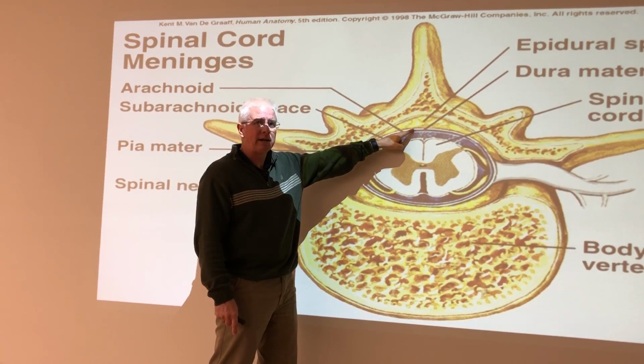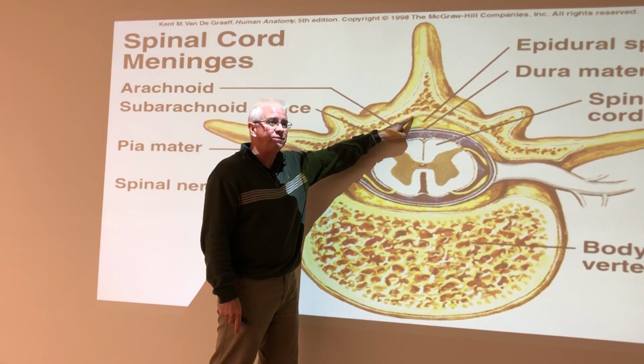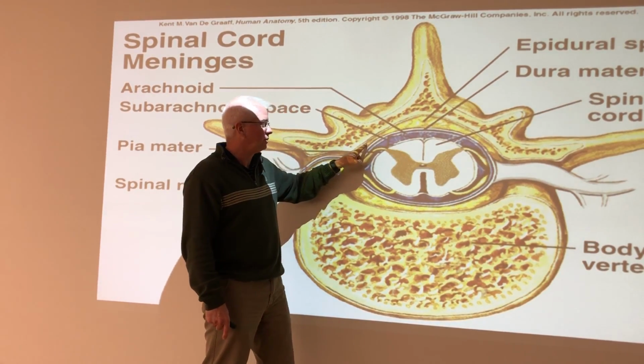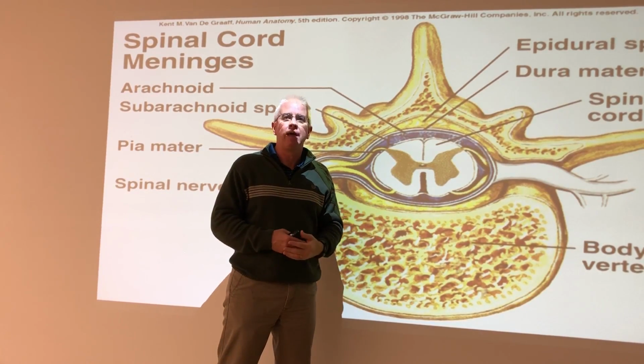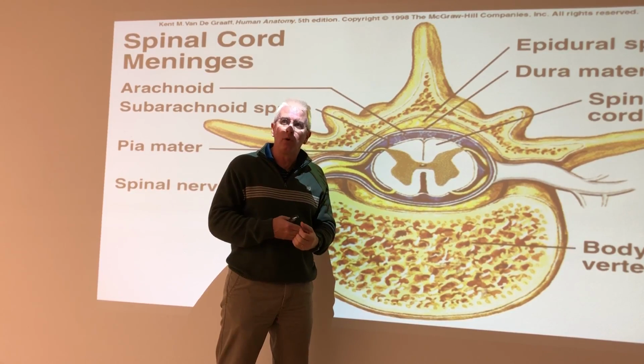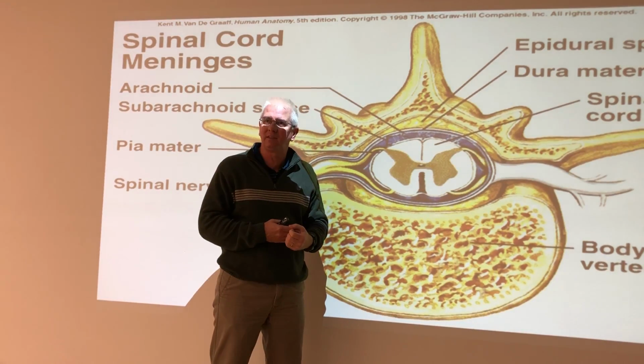The dura mater here does not have a periosteal layer. It is not fused to the bone. Instead, there's a gap between the dura and the bone. And that gap is a very important clinical gap. It is called the epidural space.